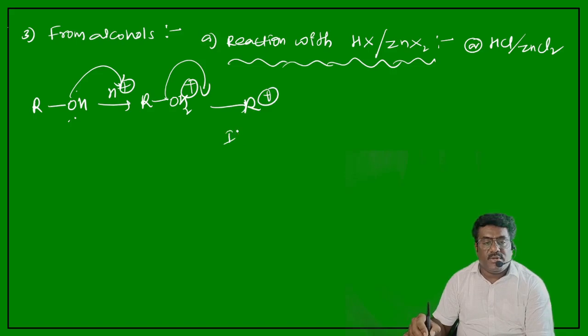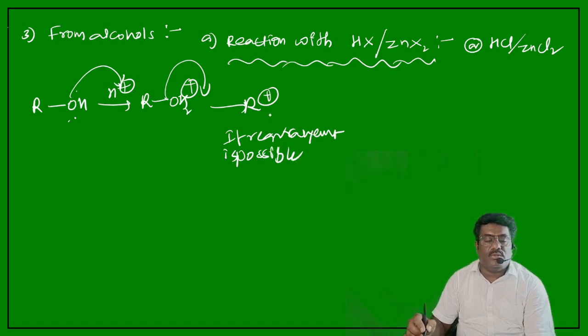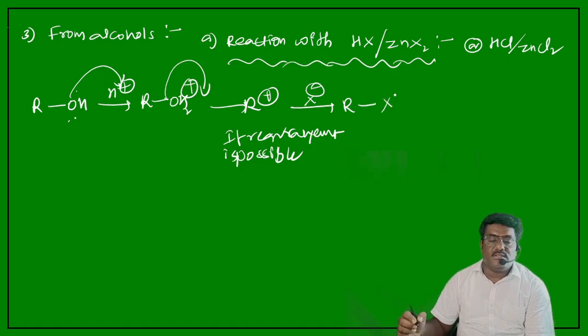If rearrangement is possible, the product formed goes through rearrangement. In presence of X minus, it forms RX.